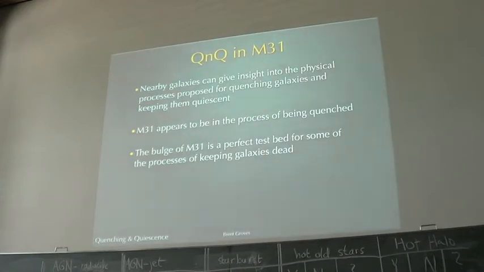Well, we've had a debate on this, but I do state that M31 is a perfect testbed for not just quiescence, but we can also look at the star-forming ring and get star formation feedback as well. So we can use these processes to help us work out the processes of feedback in our simulations and in more distant galaxies. Thank you.